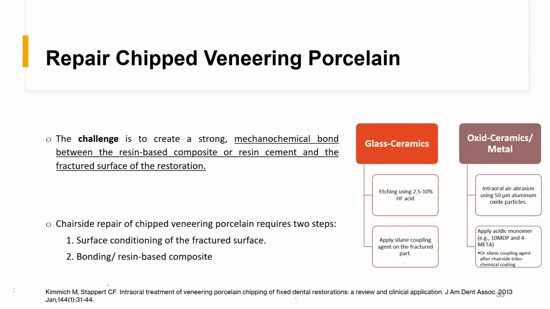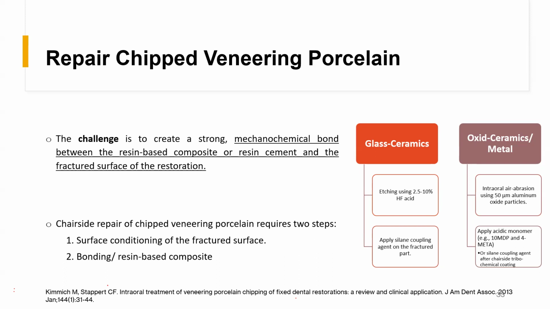Chairside repair of chipped veneering porcelain requires two main steps: surface conditioning of the fractured surface, and the second step is usually the bonding of the new veneering ceramic using the resin cement, or the direct application of the resin composite.